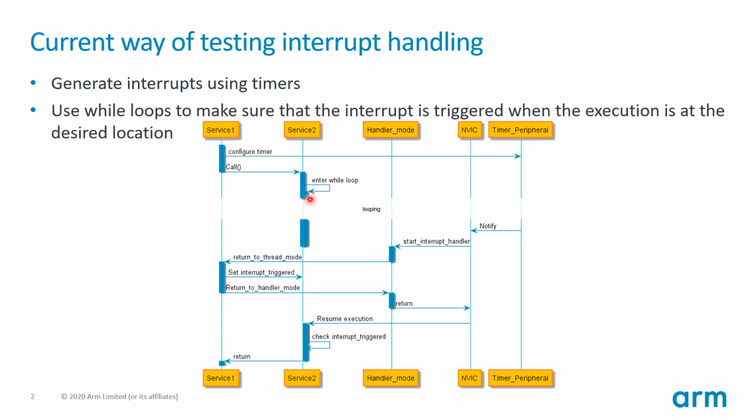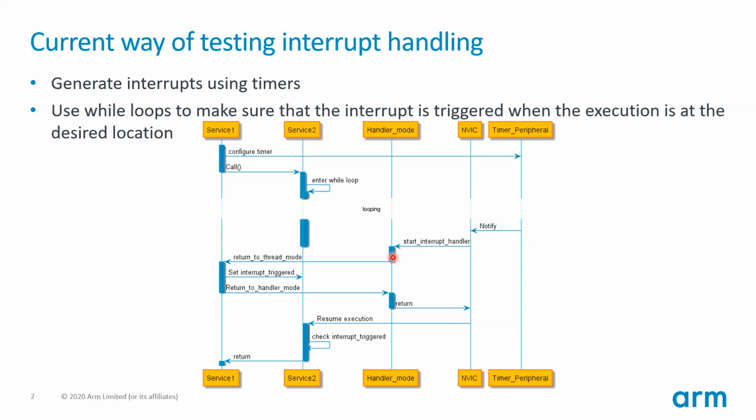There is some looping for some time until the timer peripheral decides that the set time has elapsed, and the NVIC notifies the core, and the interrupt handler in handler mode starts executing.